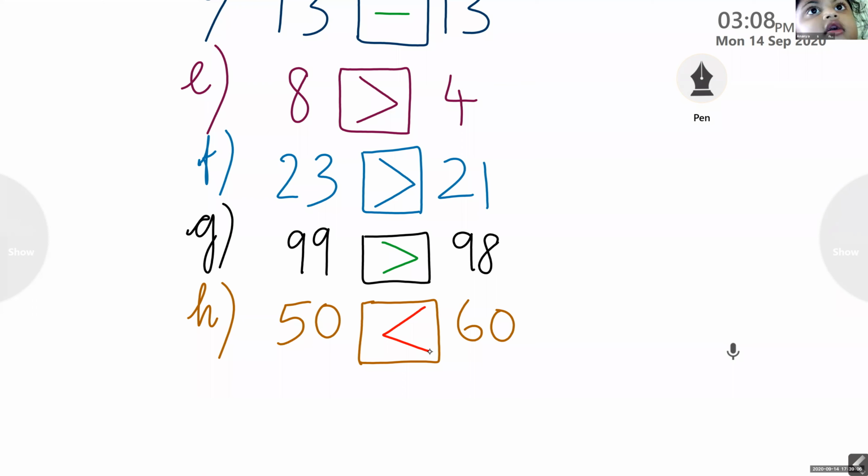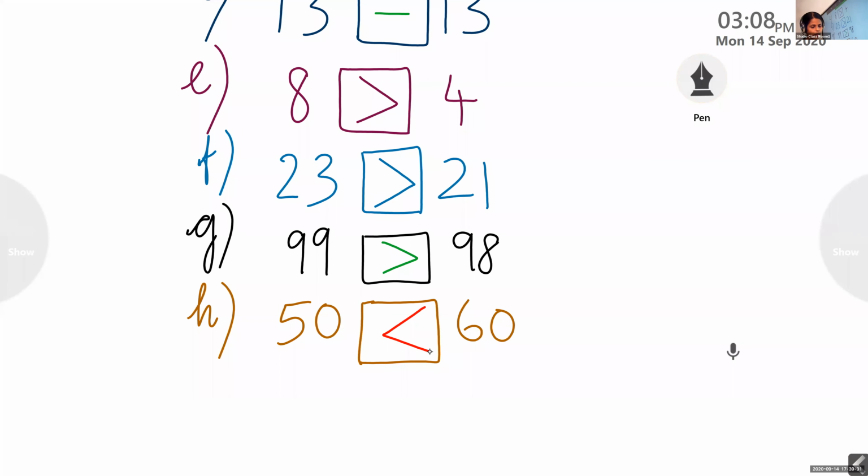Smaller. So we can say 50 is less than 60. Very good. So this is the last one.